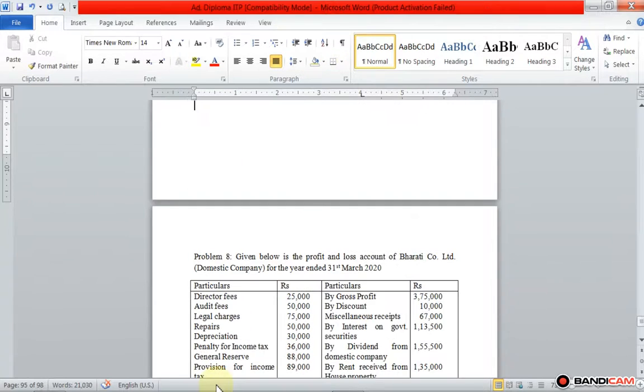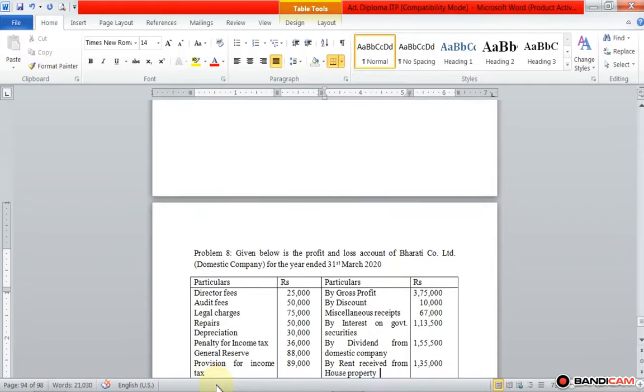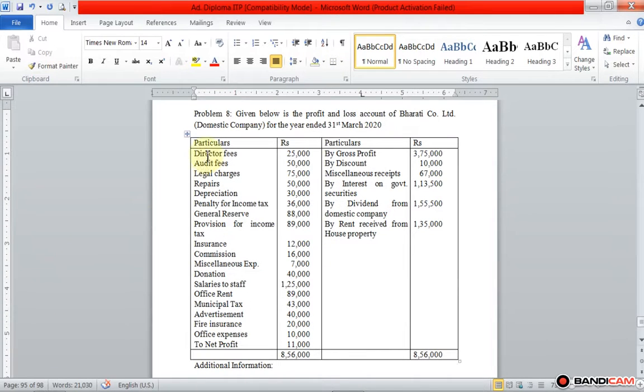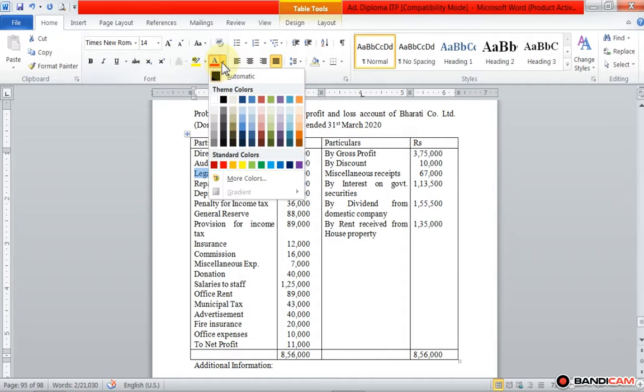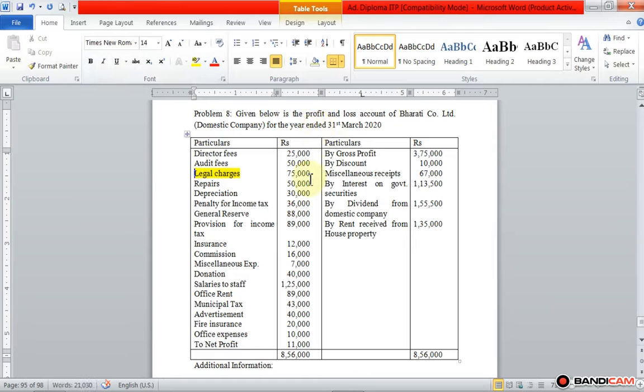Now we read the debit side of the profit and loss account. Director fee 25,000 is an allowable expense of the company. Audit fee, an allowable expense, amounted to rupees 50,000. Legal charges, the whole of the legal charges relate to the signboard of the company, amounted to rupees 75,000.